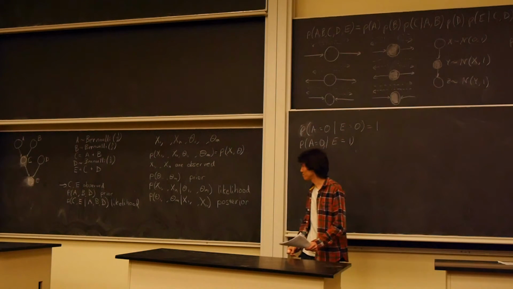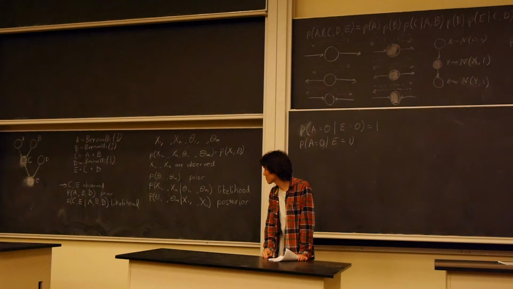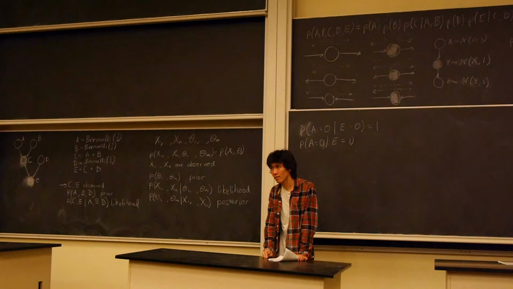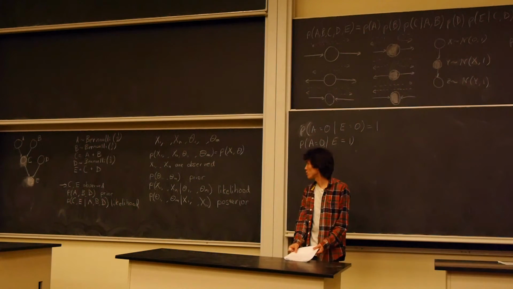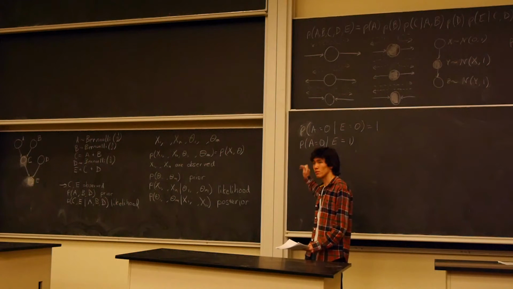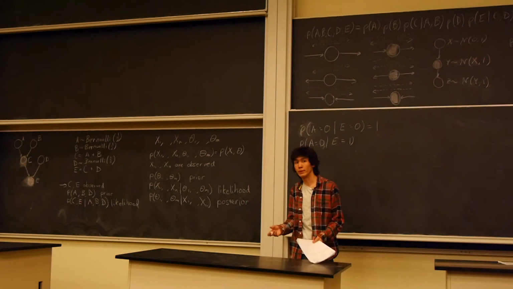So either B has to be 0 or D has to be 0. And the other one should be 1. Yeah, so you can probably reason about this in that model and obtain a probability.